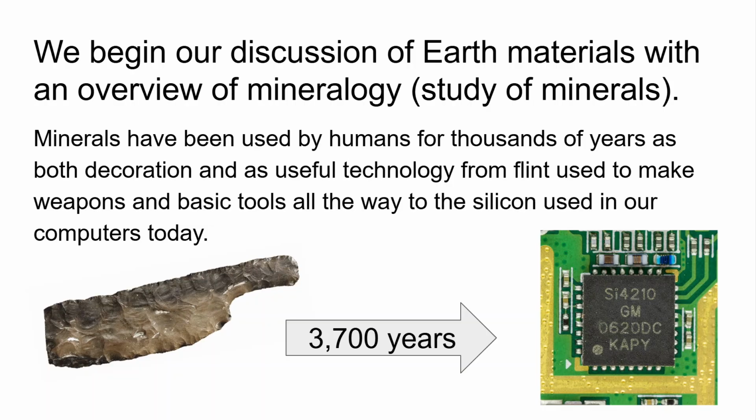Contrast that with dinosaurs that roamed the earth for over 165 million years, and they didn't develop any kind of technology that we can think of. So as a human species, it's really incredible what we've been able to accomplish in a relatively short time span, 1/100th the time that dinosaurs have been here.